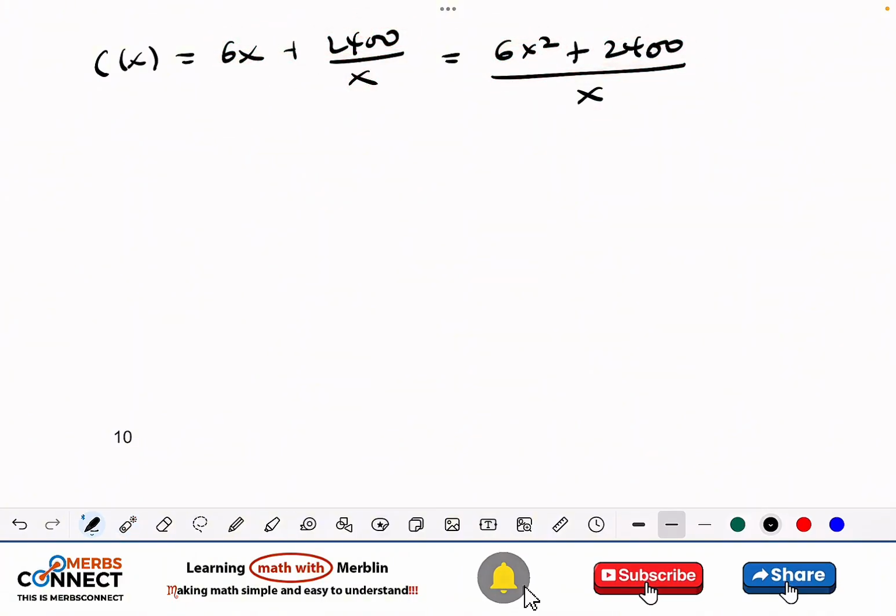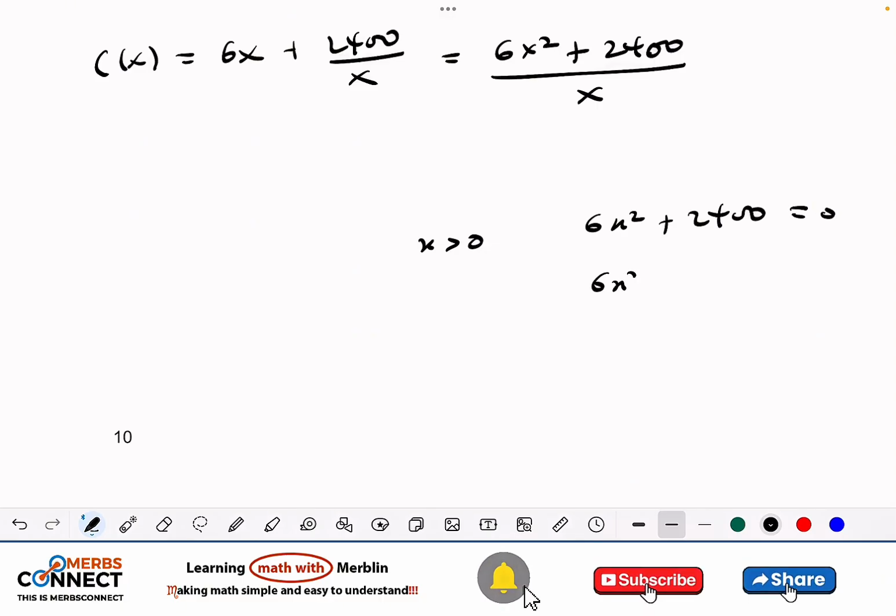Now I want to find the domain. Finding the domain for this, we can see that x shouldn't be 0, because as soon as x is 0, what happens? The denominator will be 0. So it means that for our cost function, x should be greater than 0. So that's one point. The other point that we can see is, we can just take the top and set it to 0. So 6x squared plus 2400 is equal to 0.